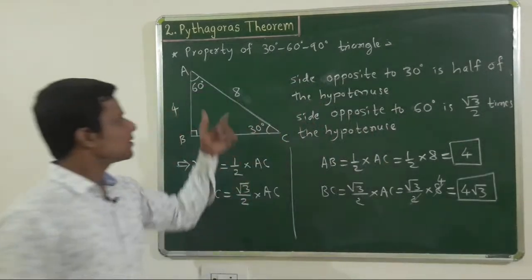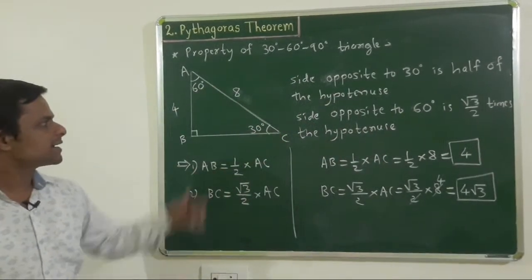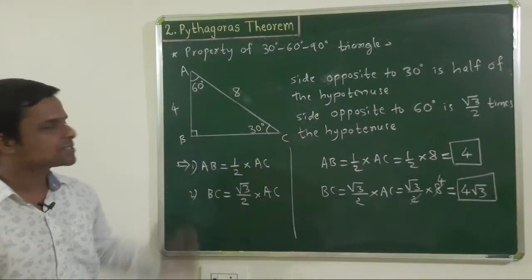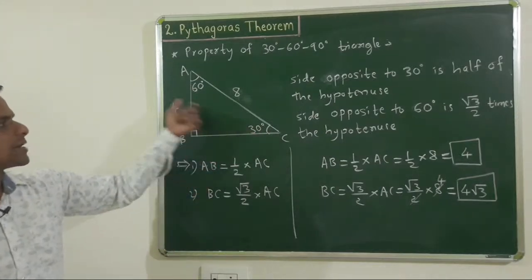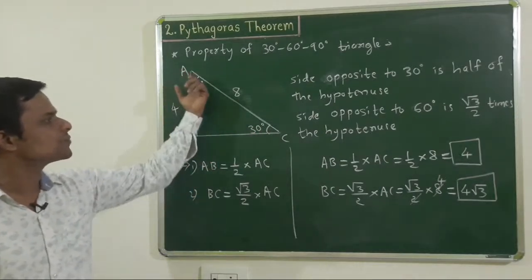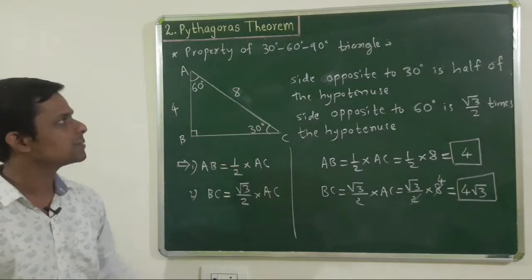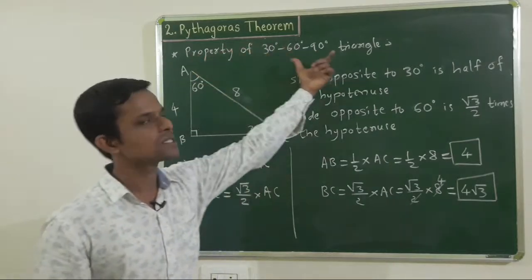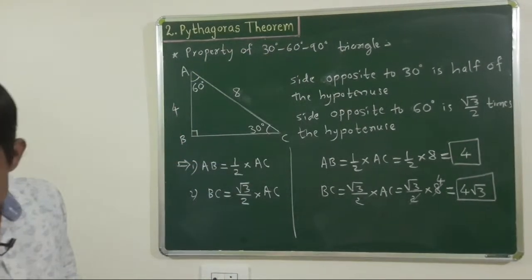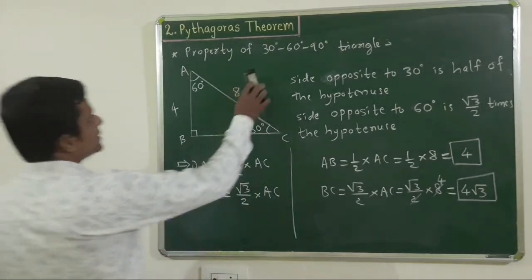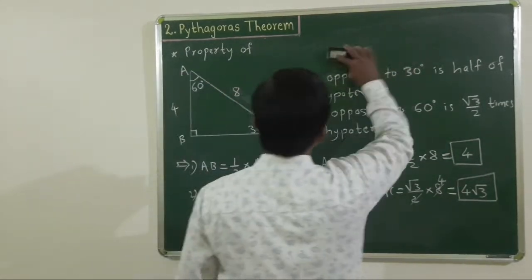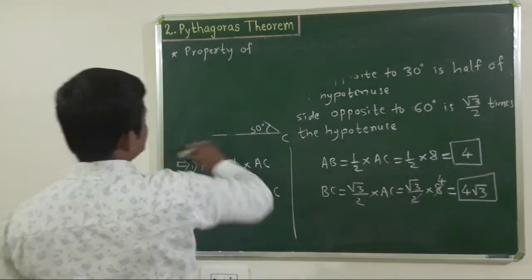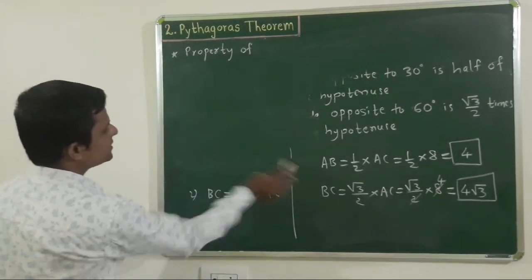By using the length of the hypotenuse, if that triangle is 30-60-90 degree, then we can find the side opposite to 30 degree, and also the side opposite to 60 degree, by using the property of the 30-60-90 degree triangle. Now the next property you also learned during the previous year, that is the property of the 45-45-90 degree triangle.